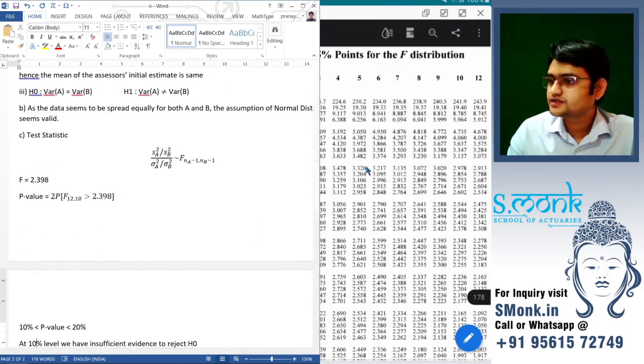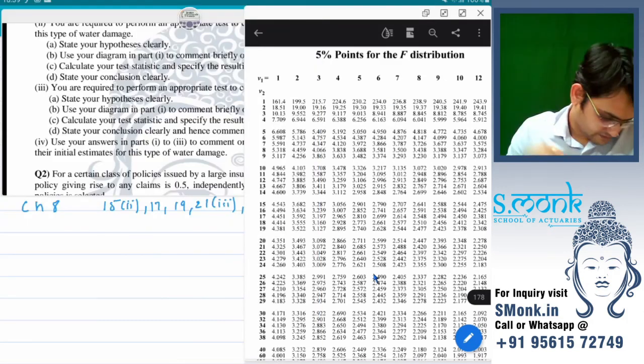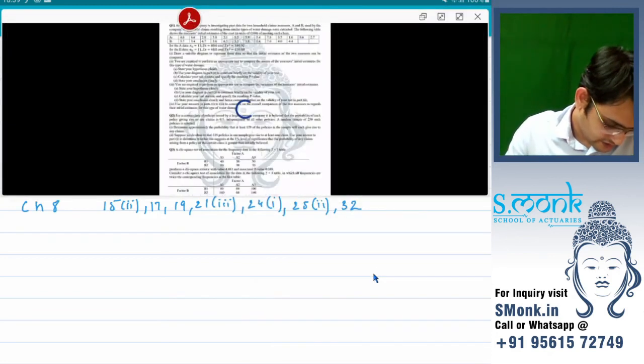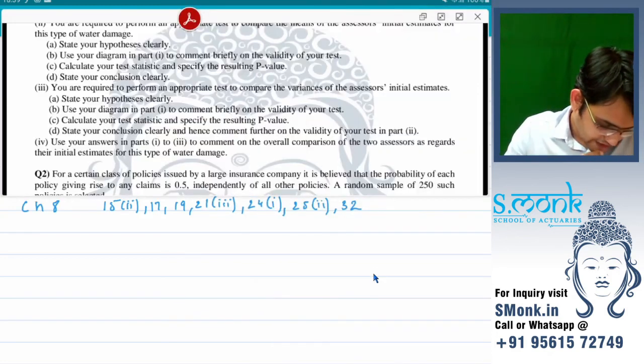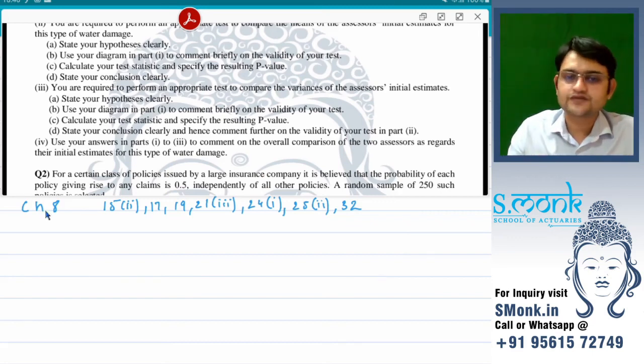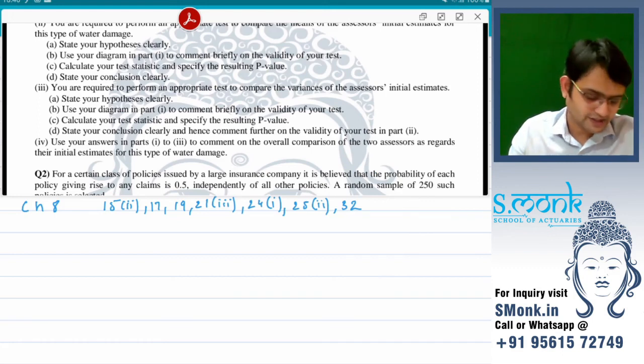And I think there is a fourth part as well. They are saying use your answers in part 1 to part 3 to comment on the overall comparison of the two assessors regarding their initial estimate of this water type damage. So we just have to say that their water damage assessment is equal.